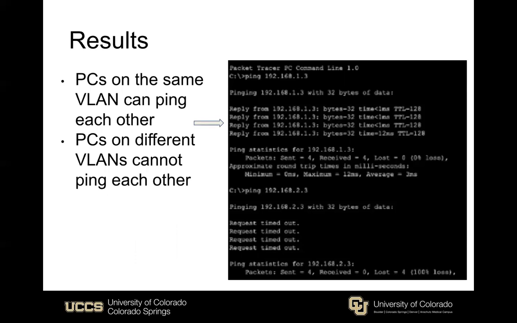The results are shown here. It is seen that the PCs on the same VLAN can ping each other, in which the arrow is showing that two PCs from the same VLAN are communicating with each other and they are sending and replying.